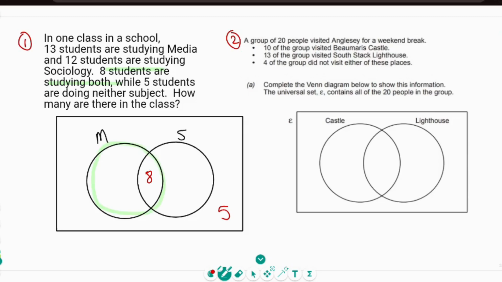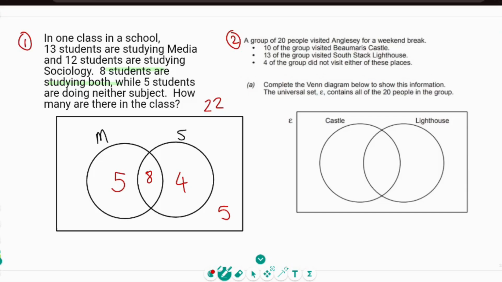So 13, take away 8, 5. 12 are studying sociology, so the circle for sociology needs to equal 12, so that's 4. How many students are in the class? Let's just add up 5, add 8, add 4, add 5, 22.